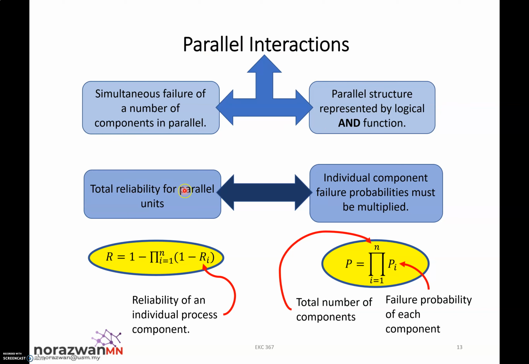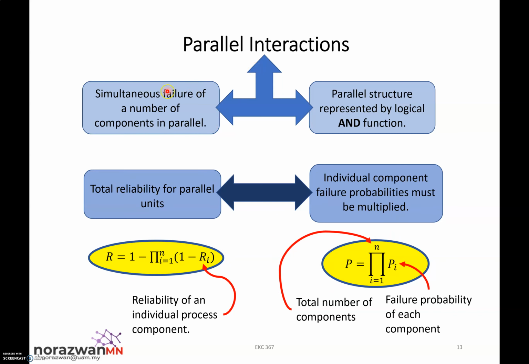Total reliability for parallel units can be considered as R, reliability is equal to 1 minus the summation of the R, 1 minus R. So these are two equations that can be used for parallel interaction.